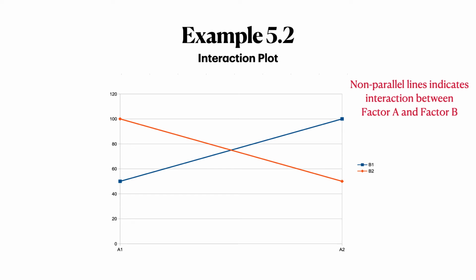And we can see here that not only are the lines not parallel, but they actually cross. And this is obviously a contrived example to demonstrate some things here.